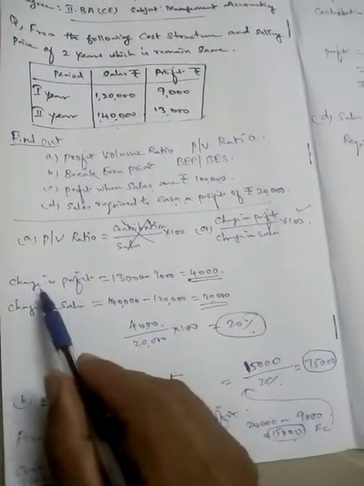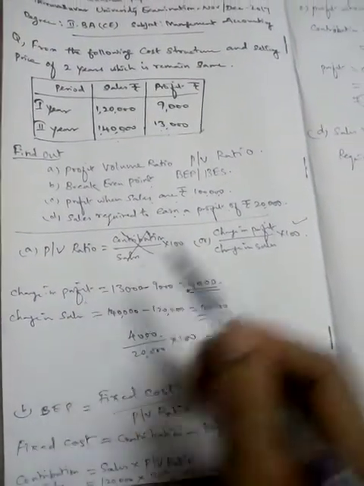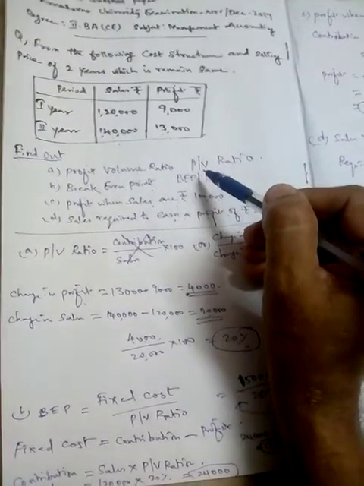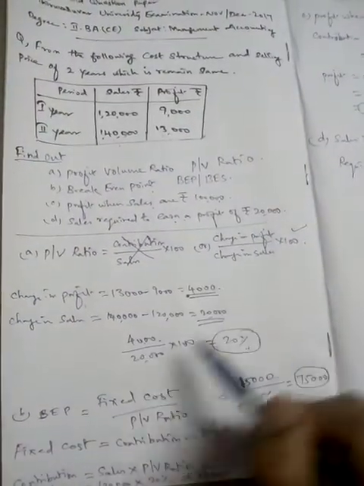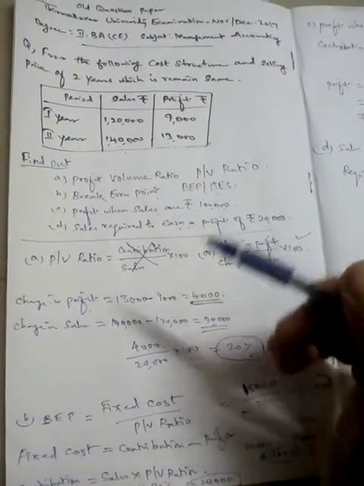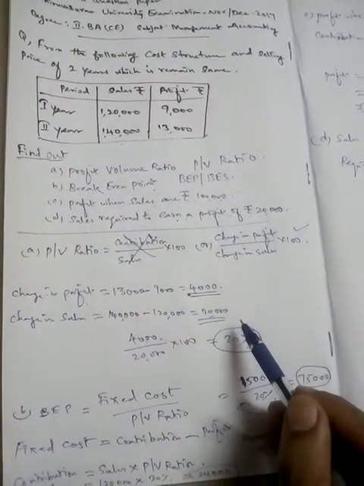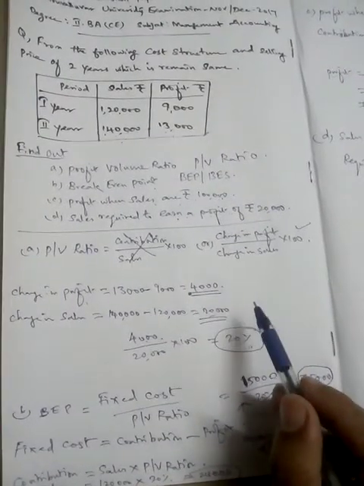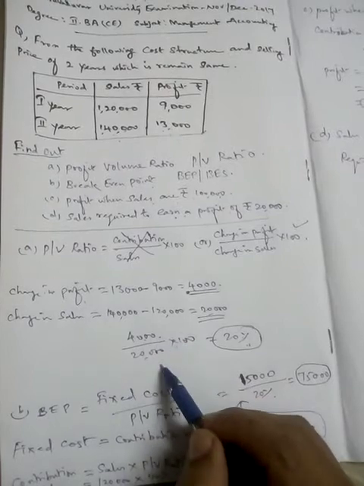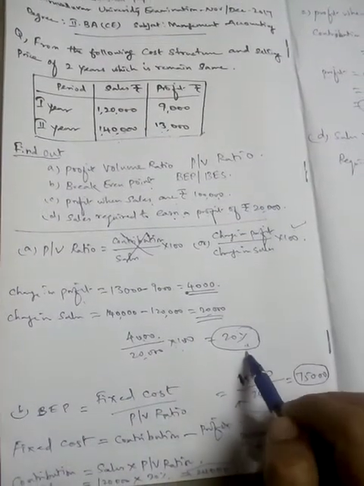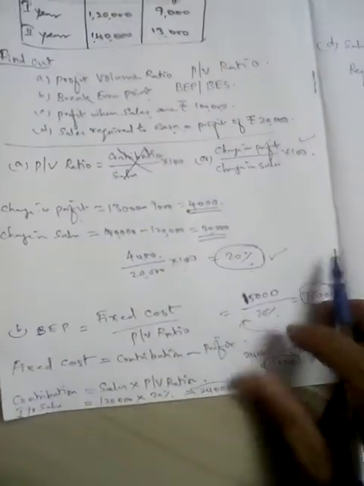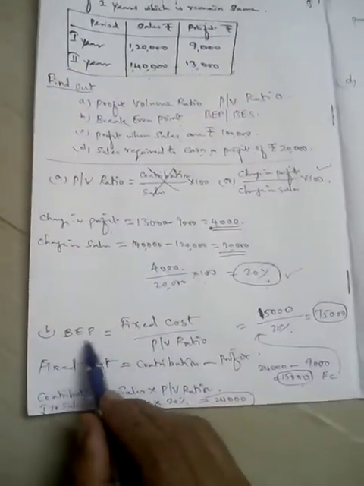The change in profit: the first year profit is deducted from the second year, you may get 4,000. Similarly the change in sales: first year sales deducted from second year sales, you may get 20,000. Using the formula, 4,000 divided by 20,000 into 100, you may get 20% as the PV ratio.